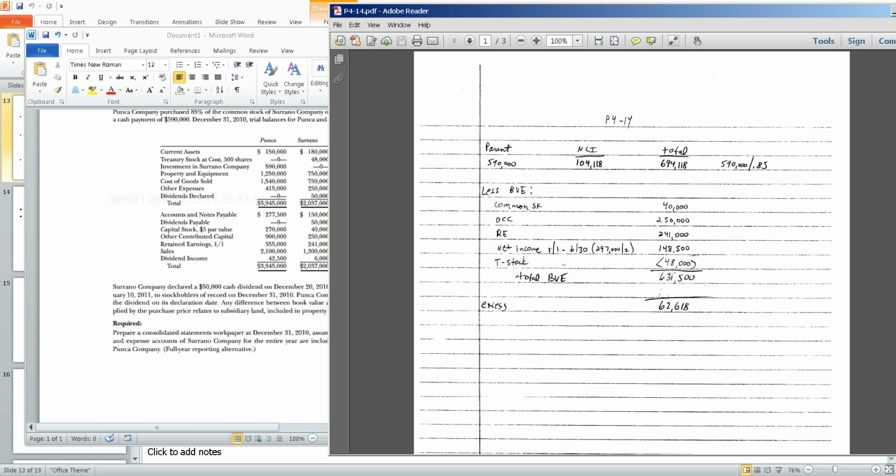So in calculating book value of equity, we need to take into account that income that is accrued from the beginning of the year up through the acquisition date.